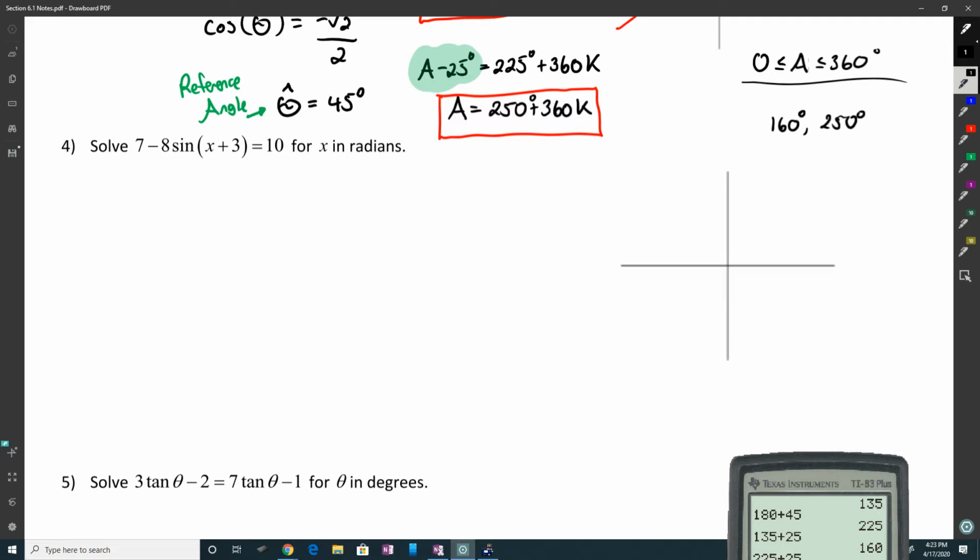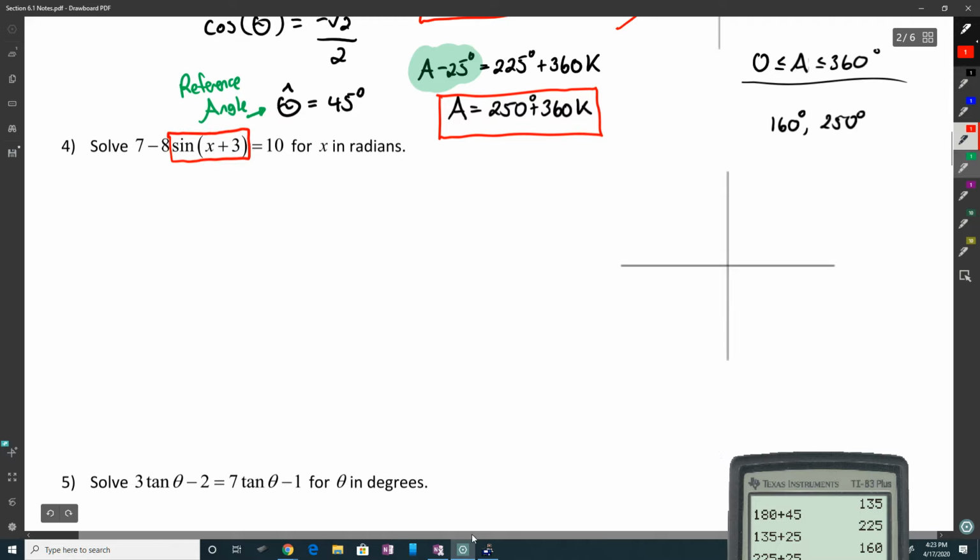Solve 7 minus 8 sine of (x plus 3) equals 10, where x is in radians. So now instead of degrees, we're going to switch to radians. First, I'm just going to solve for the sine. I can subtract 7 from both sides, so those 7s cancel.